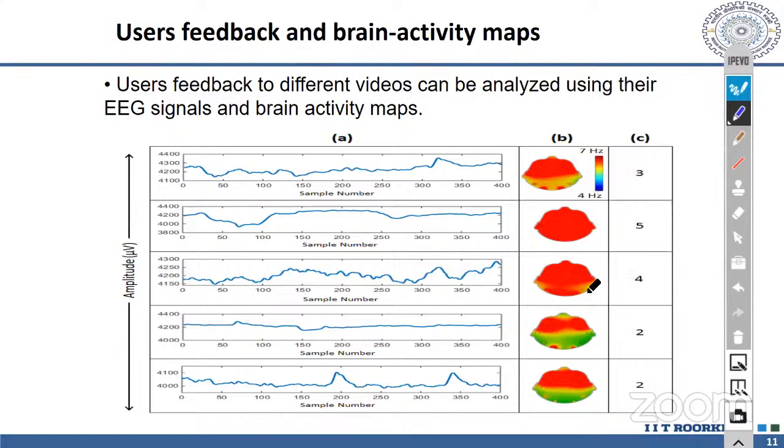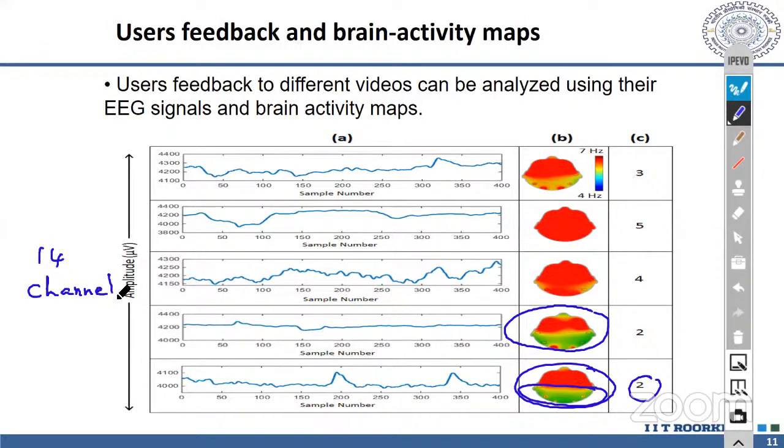If you look at this, or even this, you are getting a moderate green signal, so that is why the rank is 2. This is for 14 channels, so this data we got with 14 channels. Now if you look, this is also moderately okay.